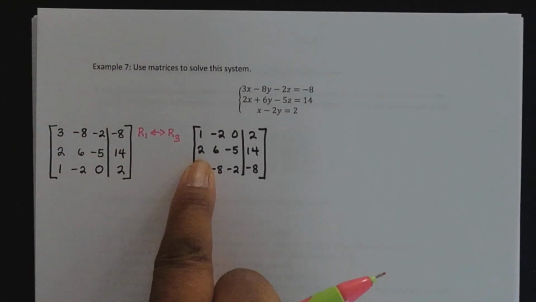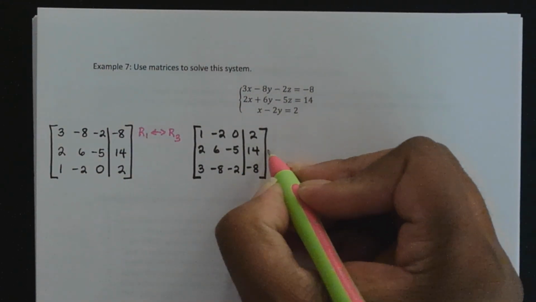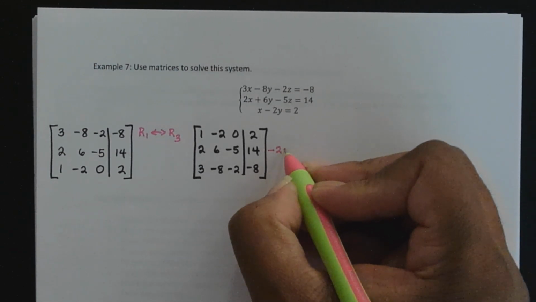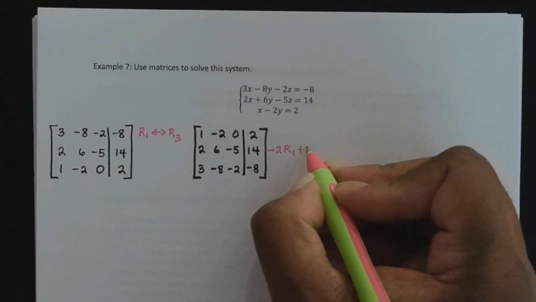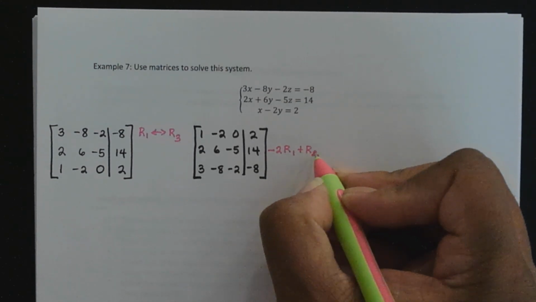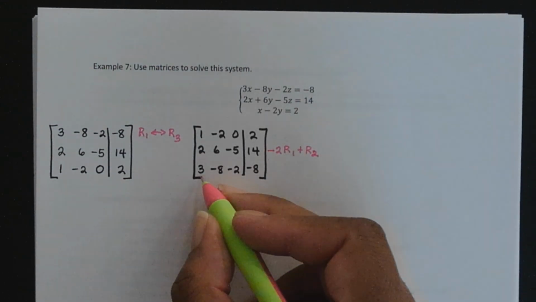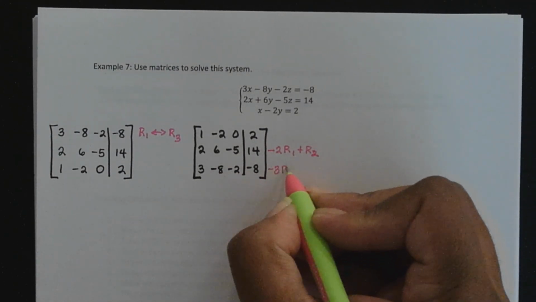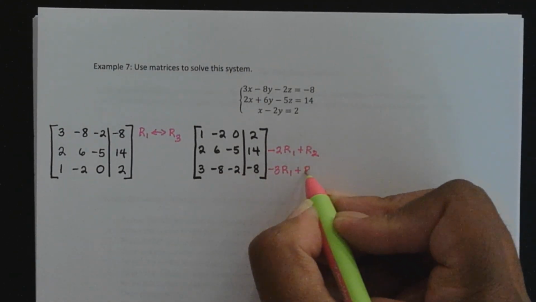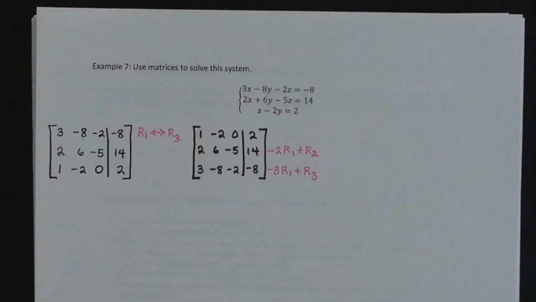For this to be a 0 here, I need to take negative 2 multiplied by row 1, and add that to the corresponding elements in row 2. And I'm also going to make the 3 a 0 by doing this: negative 3 times every element in row 1 plus the corresponding element in row 3. So here you can do 2 matrix row operations simultaneously.